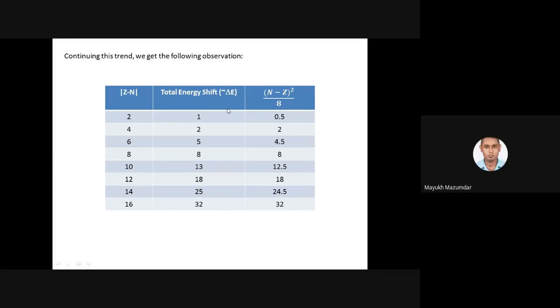Yes, sir. Very simple. Like you have a column of x, you have a column of y. They have asked what is the relation between x and y. So with (N minus Z) whole squared by 8, you can see nearly the values are close. Not exactly, but on many occasions you can see the numbers are exactly matching. On some occasions, it differs by 0.5.